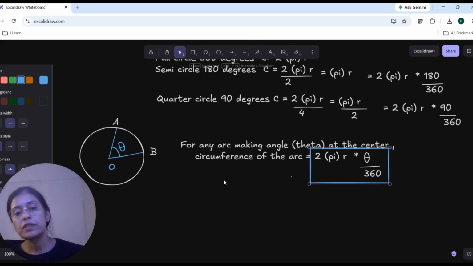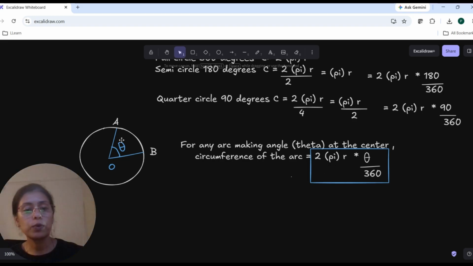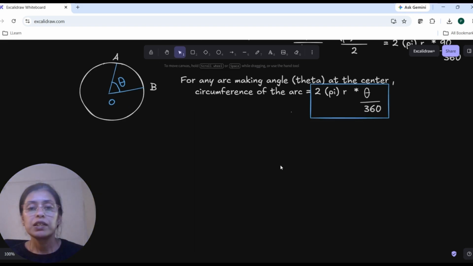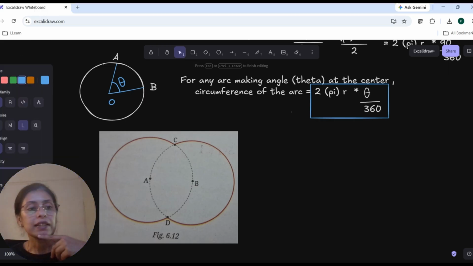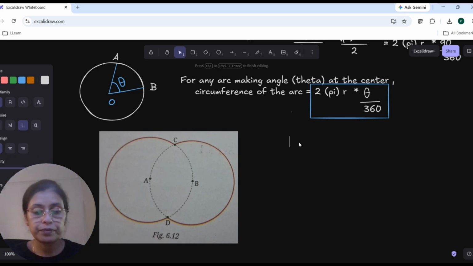Okay, so this is the circumference of an arc, any arc which subtends an angle theta at the center. Now there are some interesting examples in your book which we can go through. So here I have copied this diagram from your book. So this is figure 6.12, and what we have been given is that these are two circles.